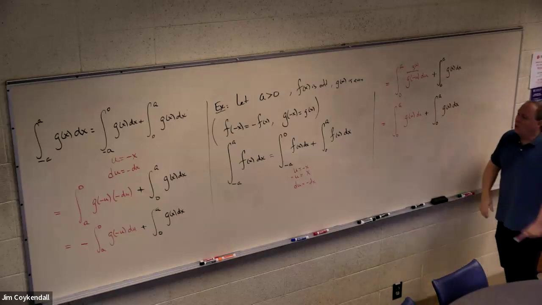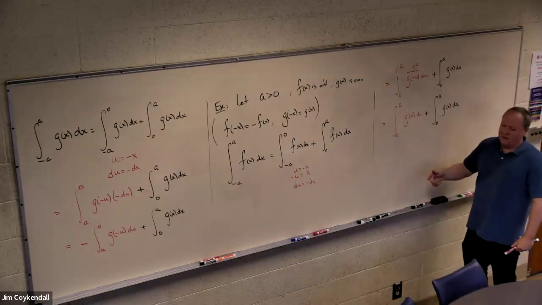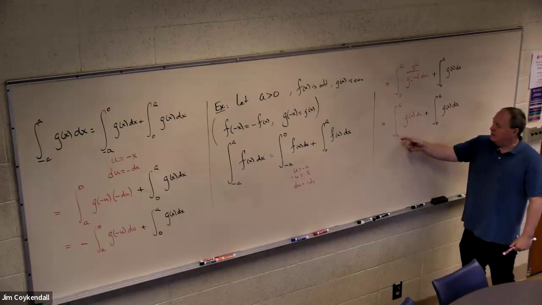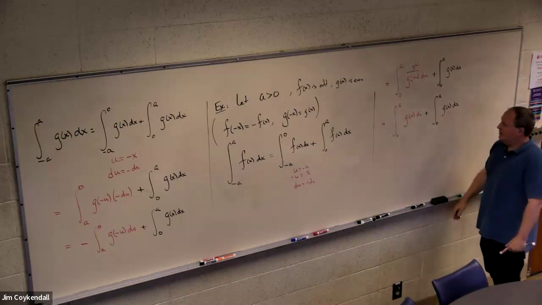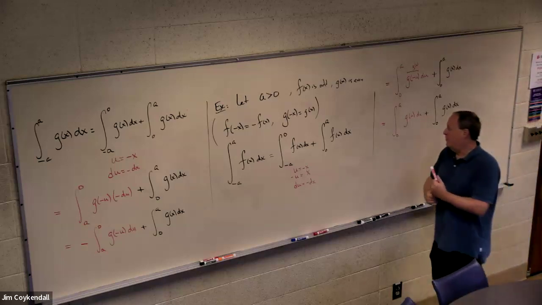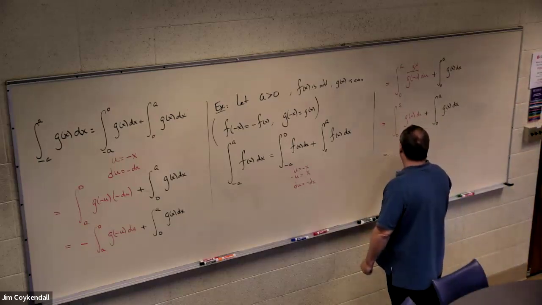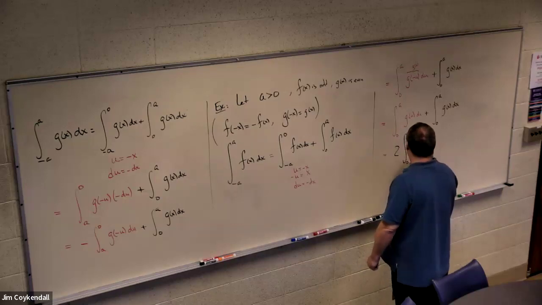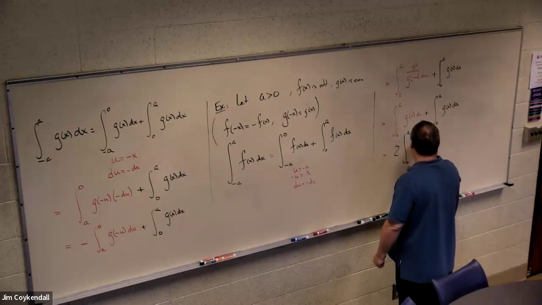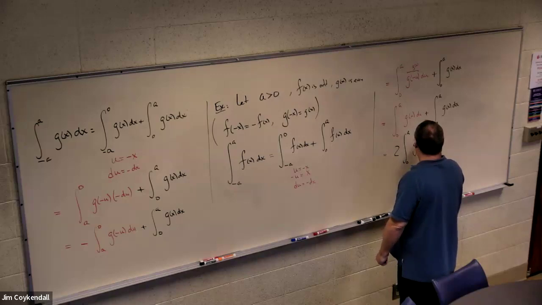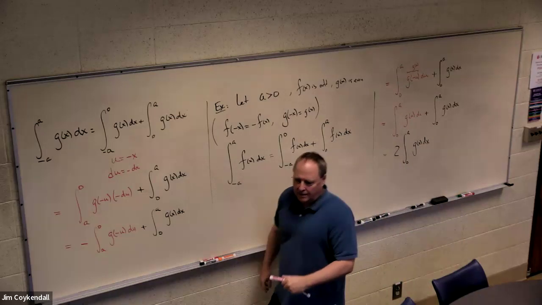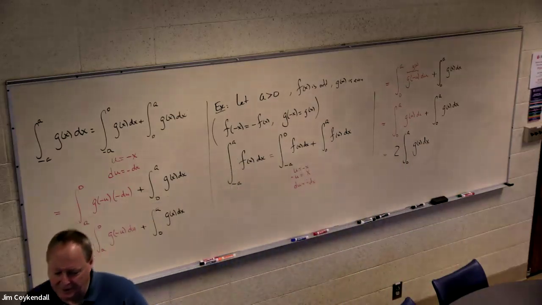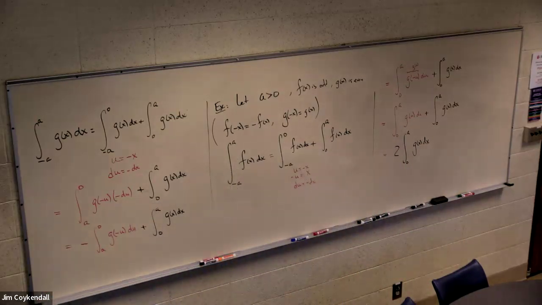Just like before, these two quantities are the same. I've got some function g integrated from 0 to a, and the same function g integrated from 0 to a. This time I'm adding instead of subtracting. So this should be twice the integral from 0 to a of g of x. So there's a justification of what I was telling you about functions that are even and odd.